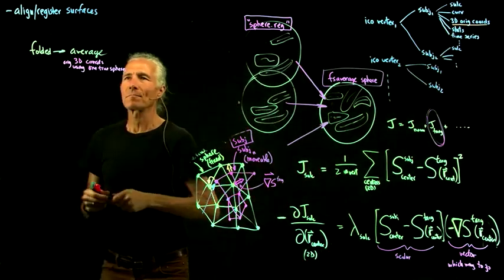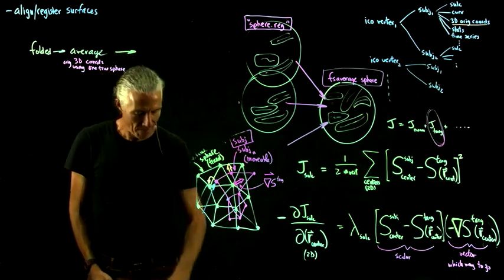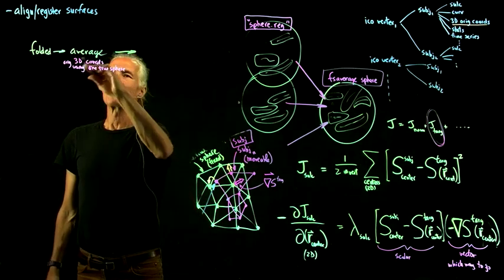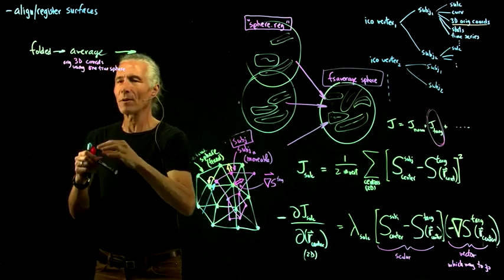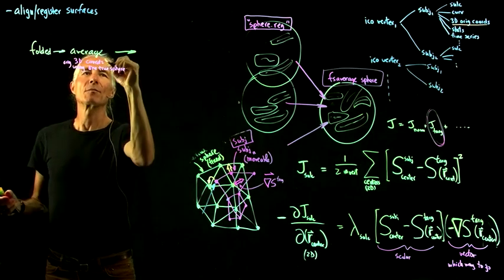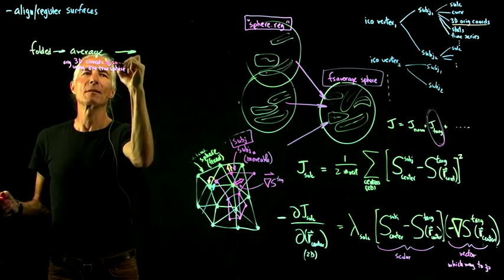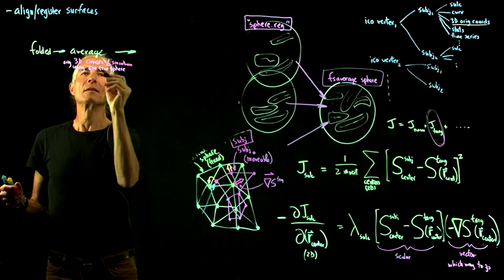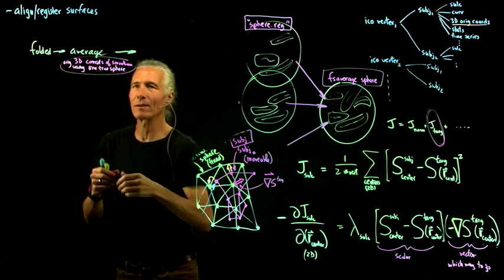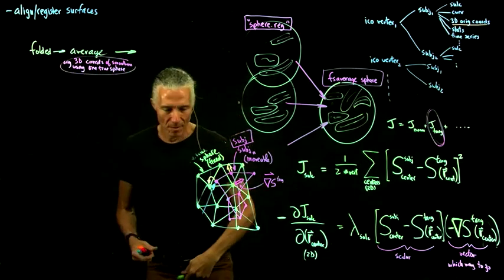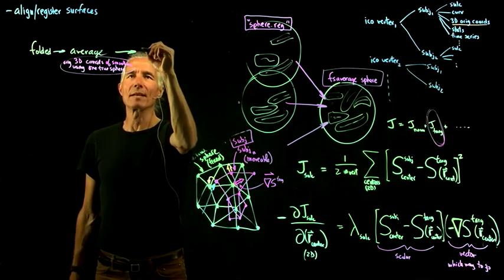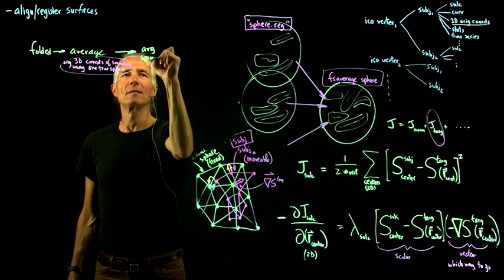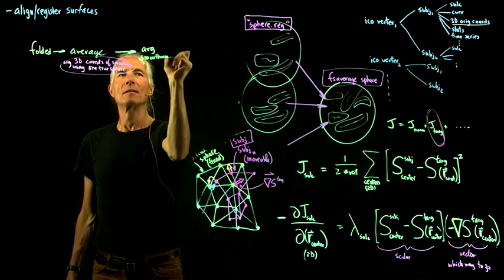So after we've averaged the 3D coordinates of smooth white matter, we basically get an average smooth white matter.